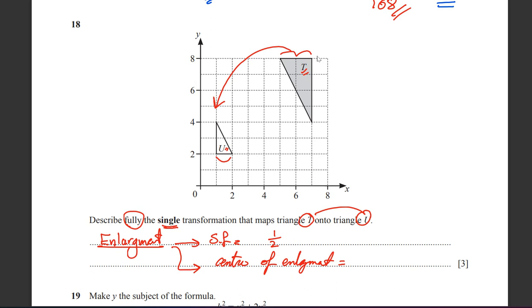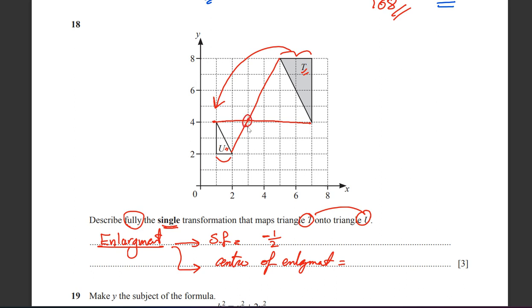Also, another reason for the negative: to find the center of enlargement, I join each vertex with its corresponding vertex. For example, I join this with this, and this with this. Do I have to join the third one? No need. I find here the center of enlargement is (3, 4).